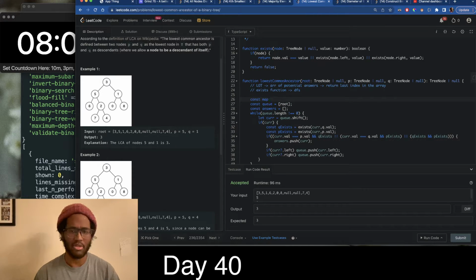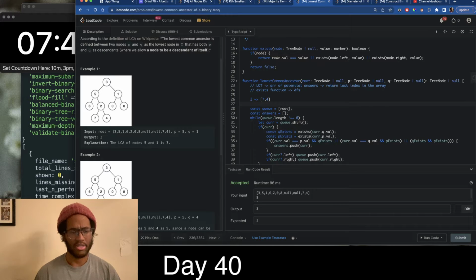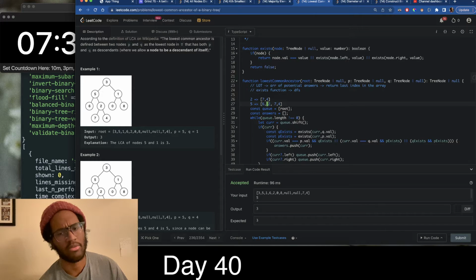So this map would look something like, for 2, we'd have 7, 4, and this could be optimized even further with this number mapping to a set, for constant lookup time, and then 5 would look something like 2, 7, 4, and 6. That would be faster.